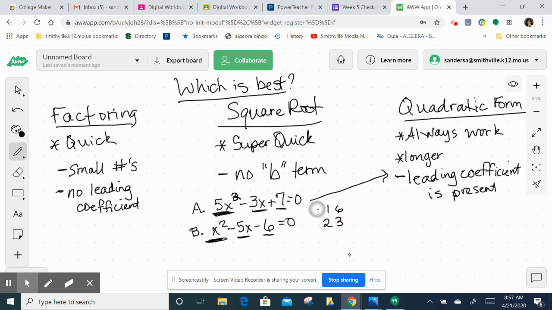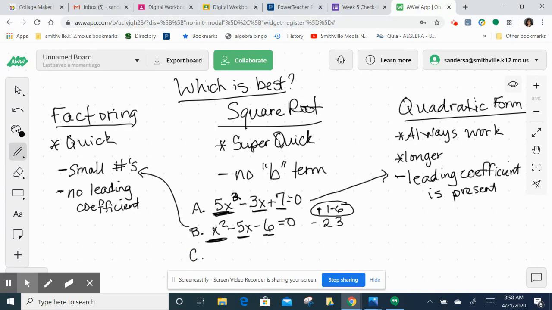Because it's a negative 6, I know I want something negative, and then I'm looking for a pair that adds up to give me negative 5. Well, I find a pair that gives me positive 5, so I would just change the signs. I do have a pair, so I could do this one very quickly using factoring. Not wrong if you said quadratic formula, but it could be done using factoring.